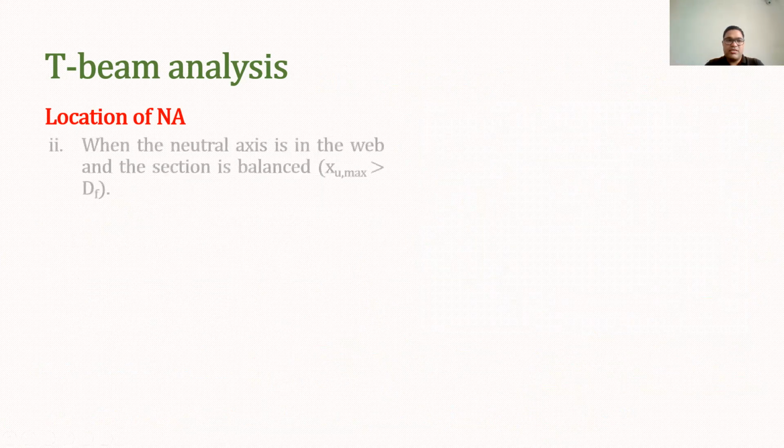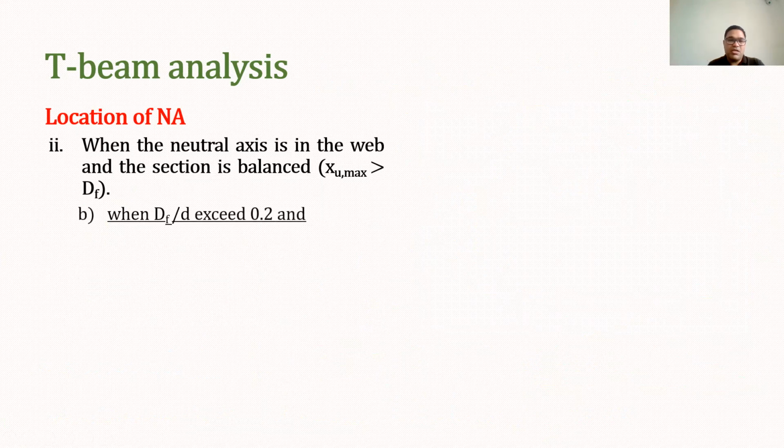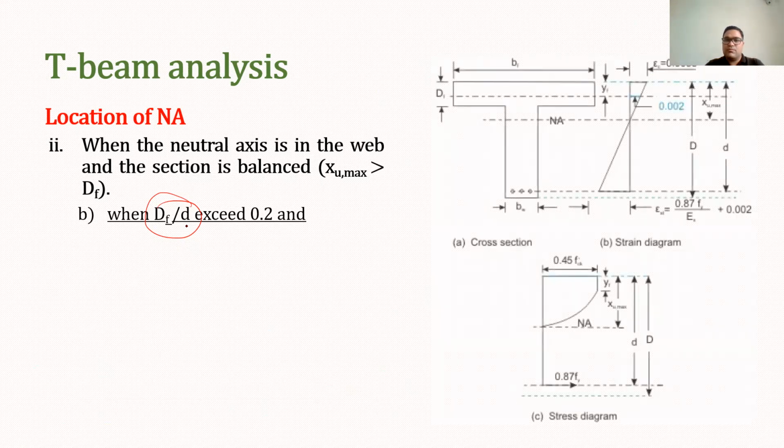Now going to the next case, which is case 2B, when DF by D is more than 0.2. What does it mean? It means that the flange thickness as compared to the overall depth or effective depth of T-beam is less. And it means that the constant, I mean the 0.002 strain element, will lie within the flange.